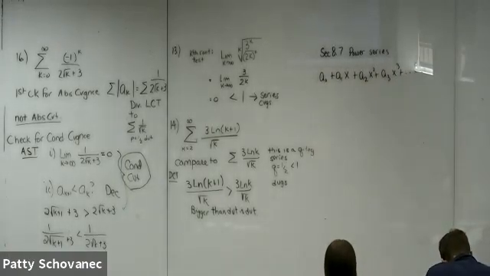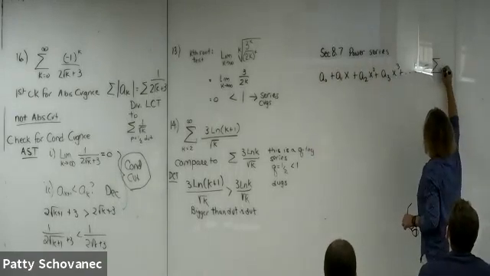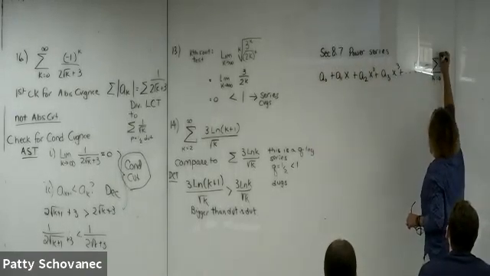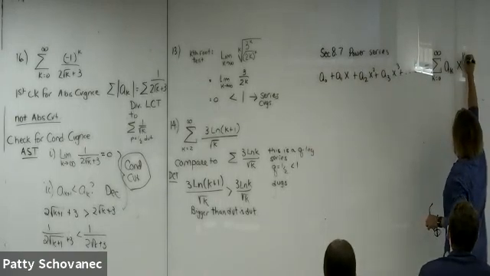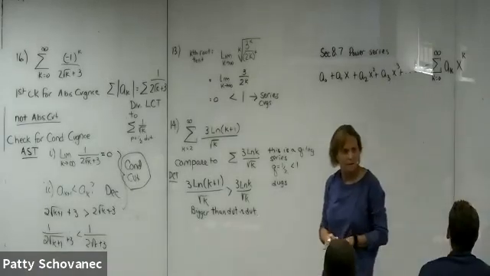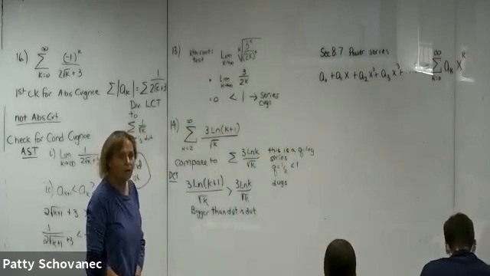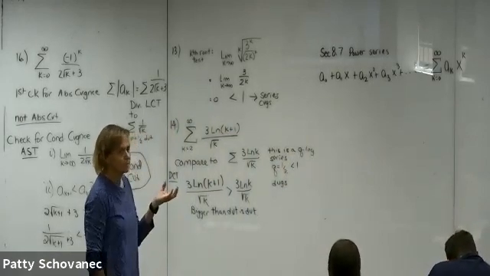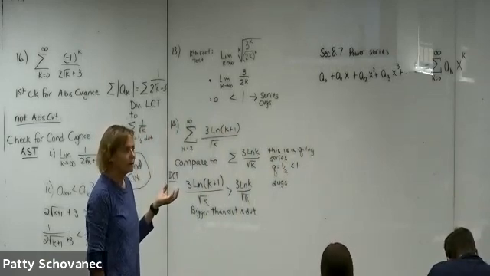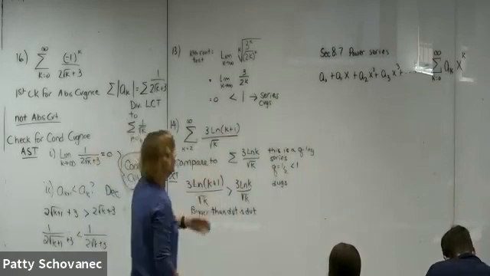A power series is an infinite polynomial, with something to the k power. This particular infinite polynomial is centered at x equals 0, because I just have x to a power. If I want to shift it to the right c units, then I would write x minus c to a power.